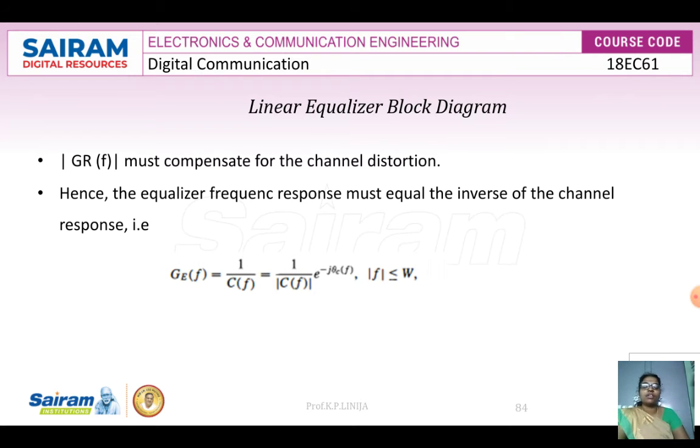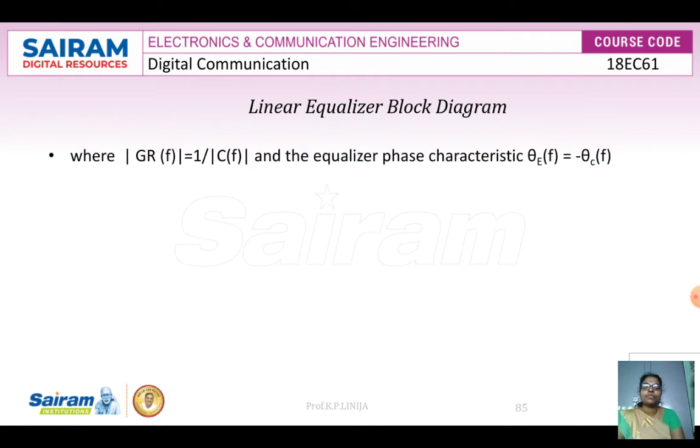That can be written as 1 divided by modulus of C of f into e power minus j theta C of f, for modulus of f less than or equal to W. Here, the modulus of GE of f is equal to 1 divided by modulus of C of f. Now, what will be the equalizer phase characteristics? We can write the equalizer phase characteristic as theta E of f equal to minus theta C of f.